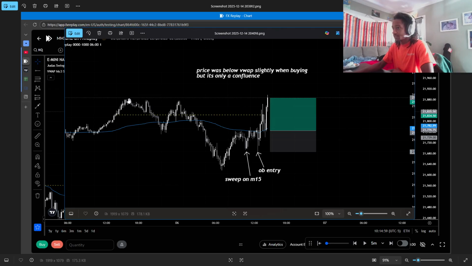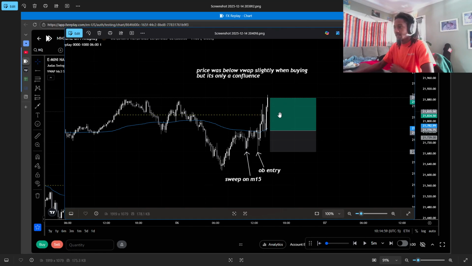I was assuming they were going to take it to these highs, since the market wants to seek liquidity and rebalance the market, offering fair value. I was like, oh, it's most likely to go to these highs. So we swept liquidity, closed above with the fair value gap showing displacement, came back, touched the order block, and then we went straight to my target.